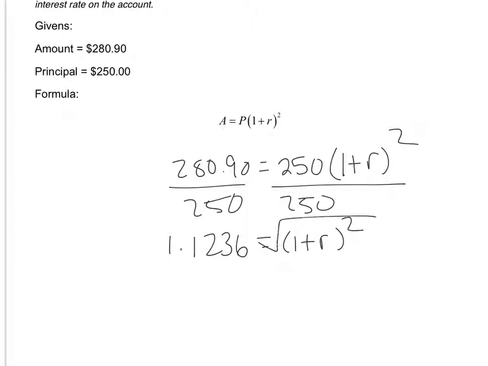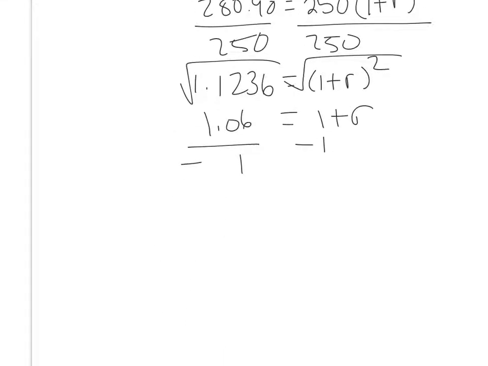So now we square root. So you get 1 plus R equals 1.06, subtract the 1. You get R equals 0.06. But they want it as a rate or as a percent, so you got to multiply that by 100. So the rate is 6%.